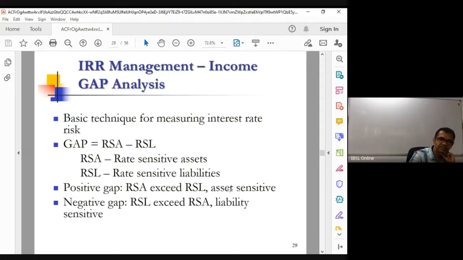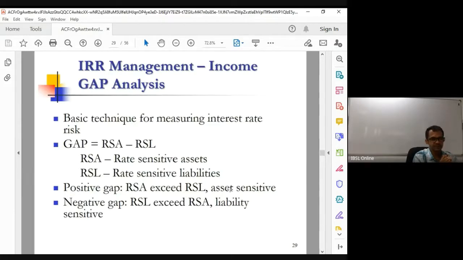Here the gap is slightly different from the previous gap we discussed earlier. Whatever the financial assets and financial liabilities we considered, here we consider only rate sensitive assets and rate sensitive liabilities.